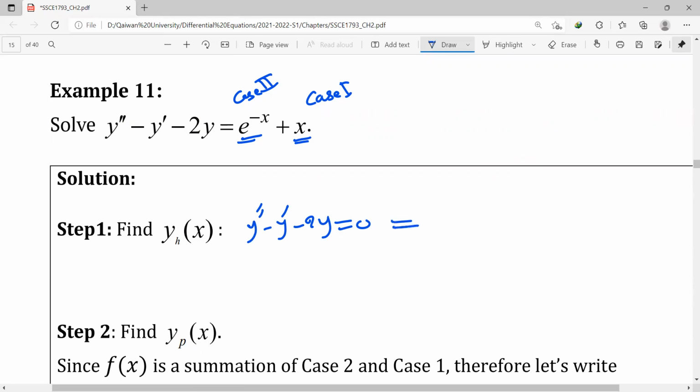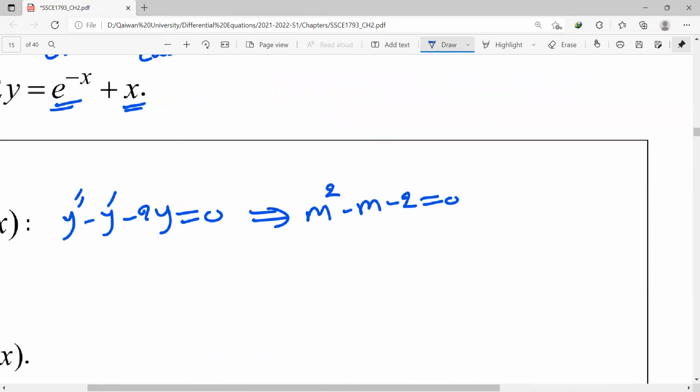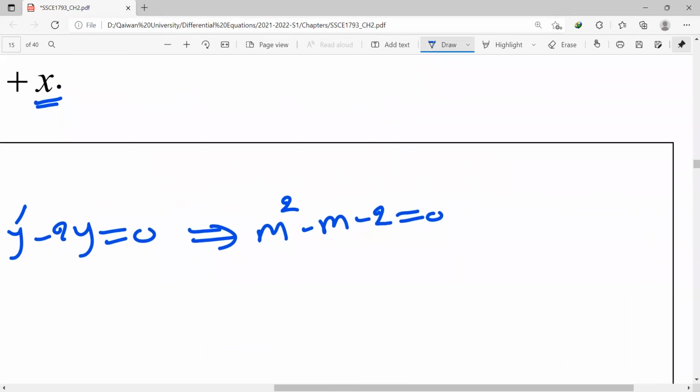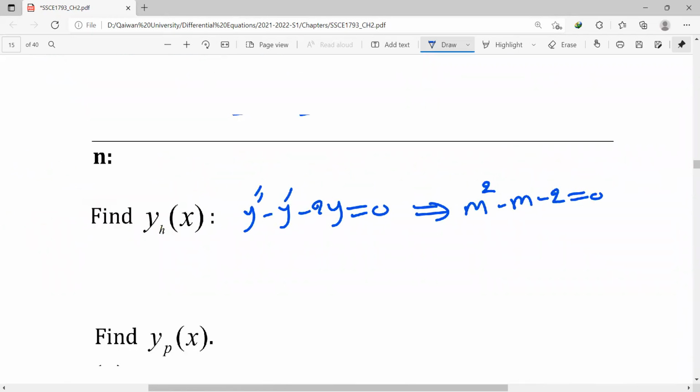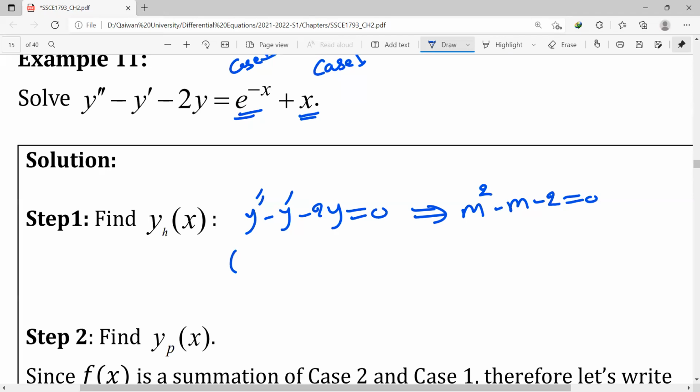Now we write down the characteristic equation: m squared minus m minus 2 equals 0. Now, if we can factorize this, we do it. The factorization is (m minus 2)(m plus 1) equals 0.